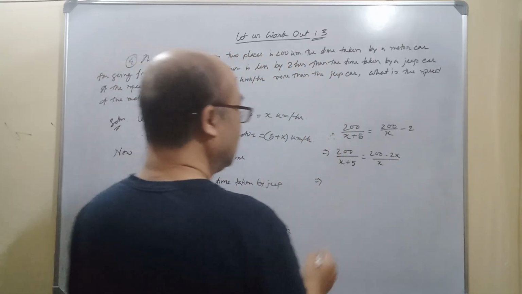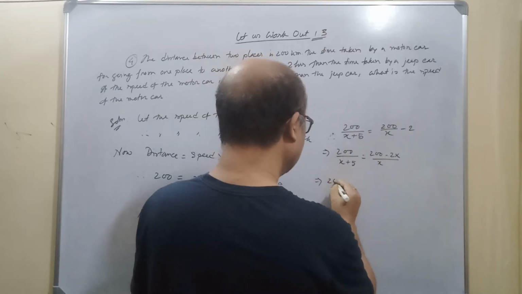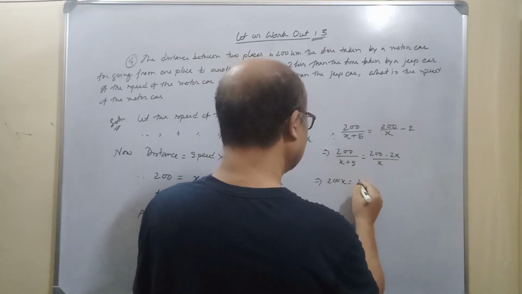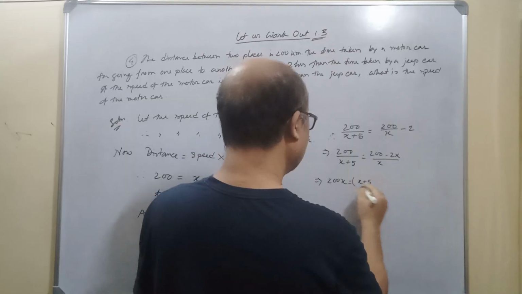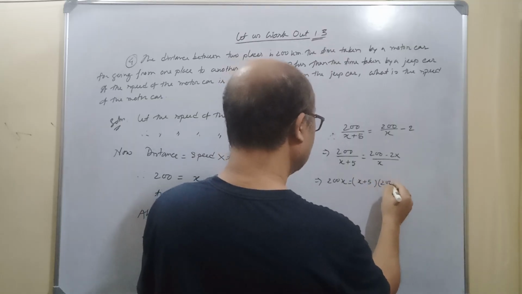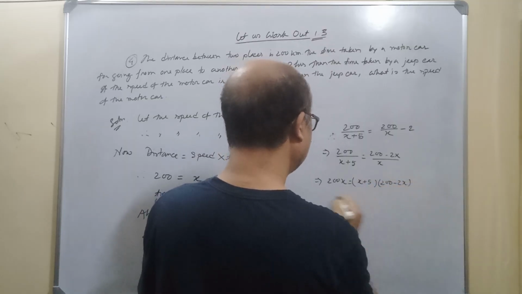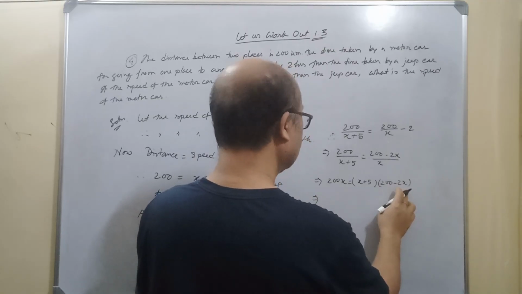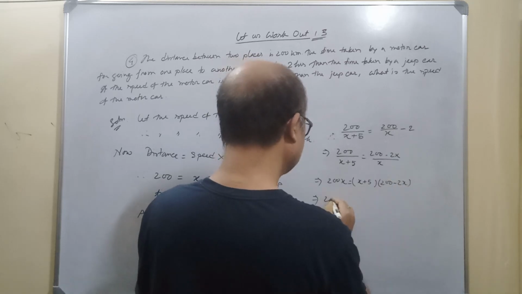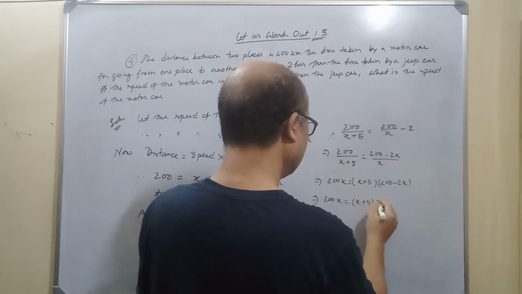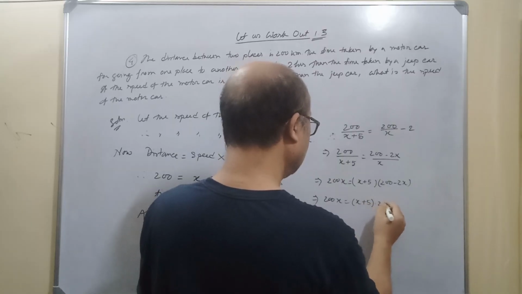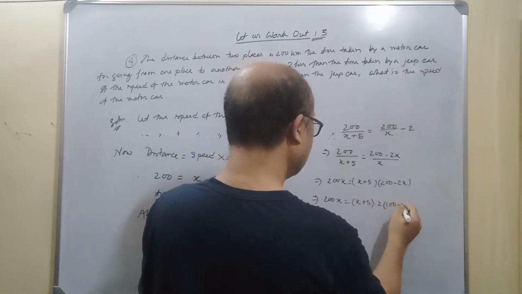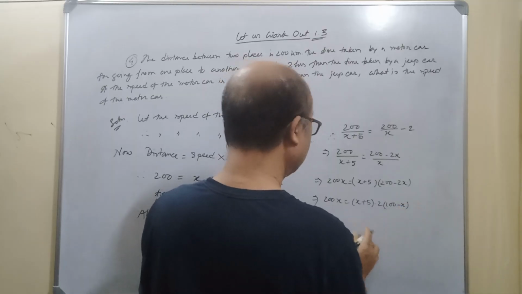So we cross multiply, we get 200x is equal to x plus 5 into 200 minus 2x. Actually we can take 2 out to simplify it, because this is equal to 200x equals x plus 5 into 2 into 100 minus x, right?